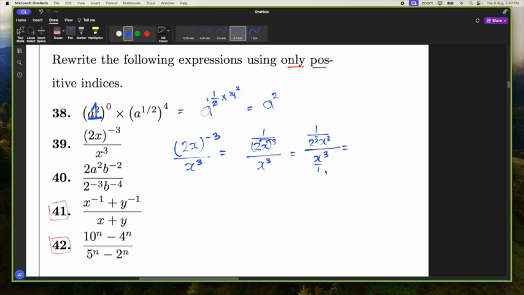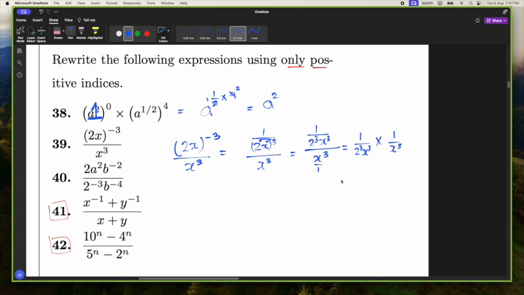So when you're dividing by a fraction, you actually flip the fraction. So I'll have 1 over 2 cubed x cubed multiplied by, you flip the fraction, so this is x cubed over 1, when I flip it, it'll become 1 over x cubed.